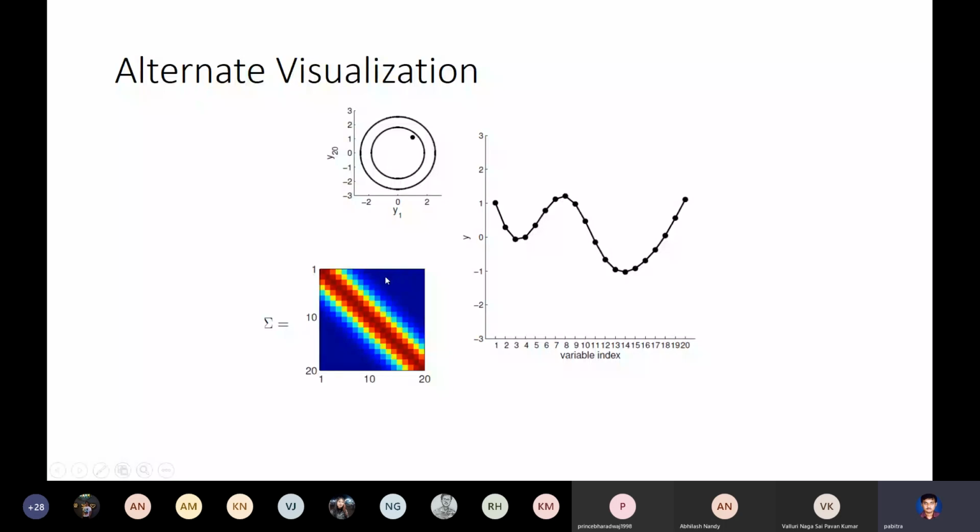The off-diagonal values are the correlations. If this color is concentrated towards the diagonal, that means y1, y2 is highly correlated, whereas y1, y20 is not so correlated. y2, y3 is highly correlated, y2, y20 is not so much correlated. y19, y20 is highly correlated, y20, y2 is not very correlated.